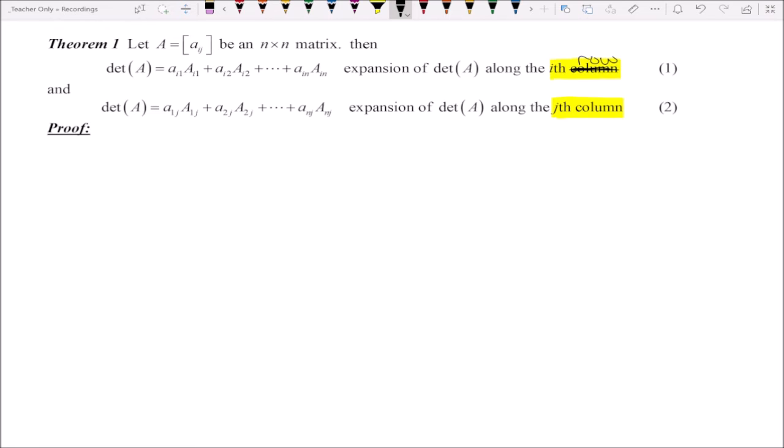All right, for the proof, we first notice that equation 2 here follows from equation 1 by theorem 1 from lesson 2.1.